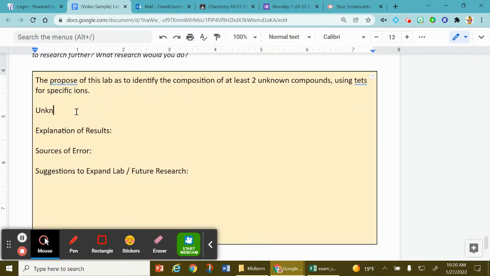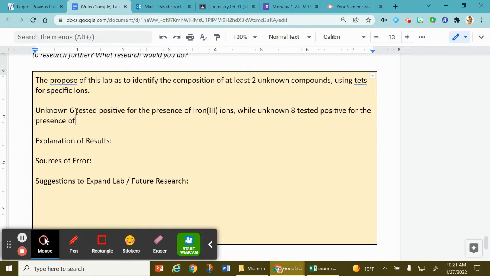Unknown 6 tested positive for the presence of iron 3 ions, while unknown 8 tested positive for the presence of sulfate ions. That's it, guys. This gets you a full letter grade on this lab.